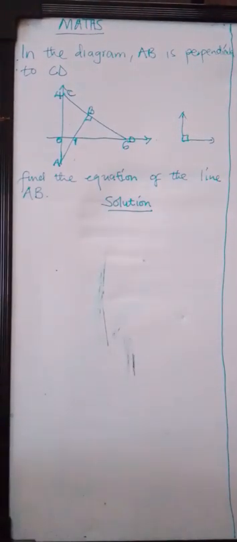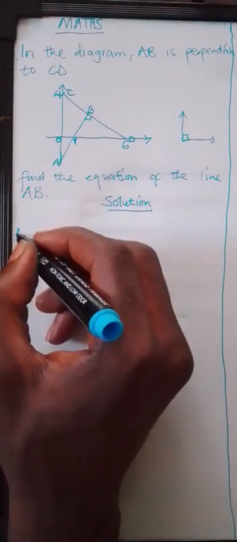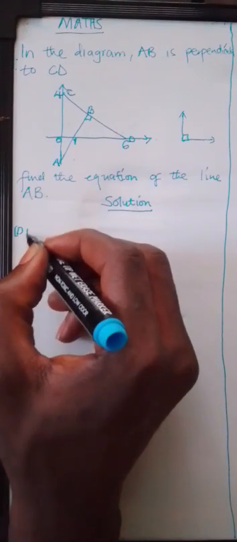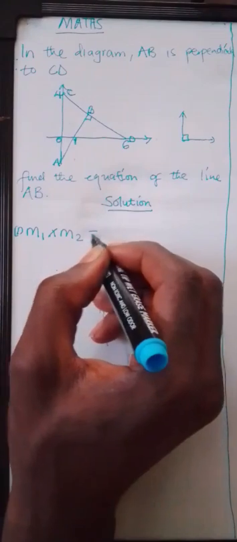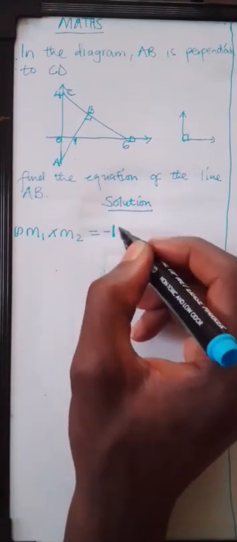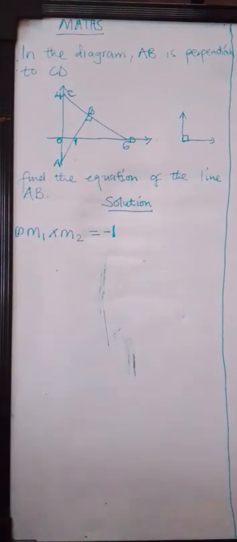So if the lines are perpendicular, then gradient 1 times gradient 2 should be equal to -1. You have to remember this rule: if we have two perpendicular lines and we multiply their gradients, we'll get -1.